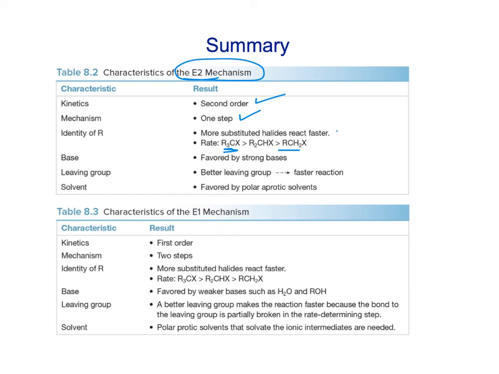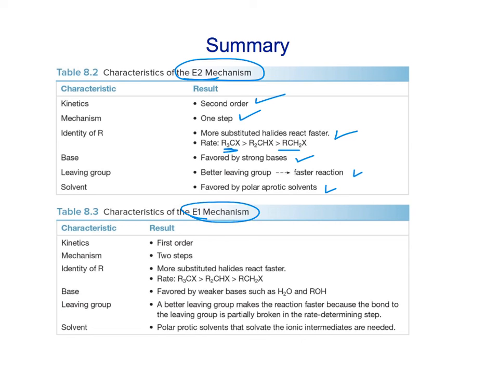So the more substituted alkyl halides react faster. This is the reverse of SN2. E2 is favored by strong bases, better leaving groups, and polar aprotic solvents.